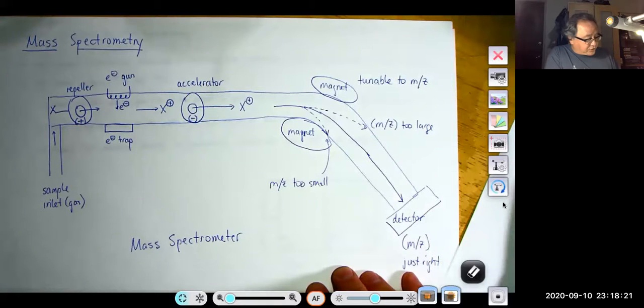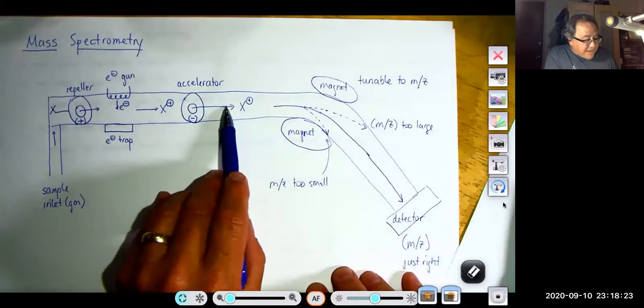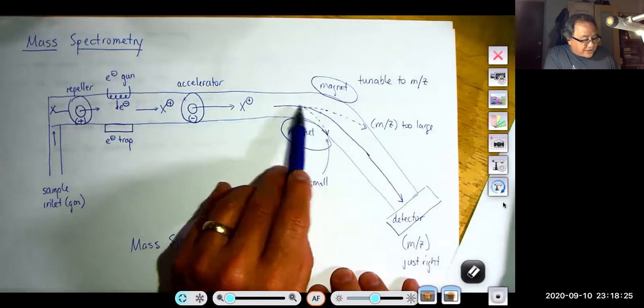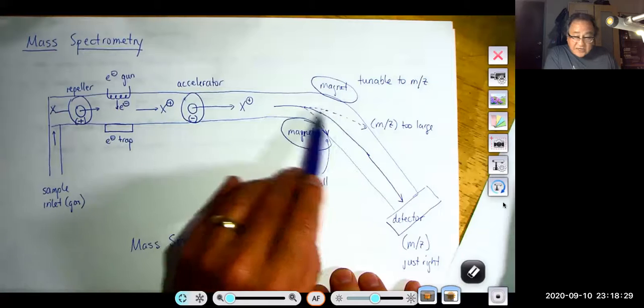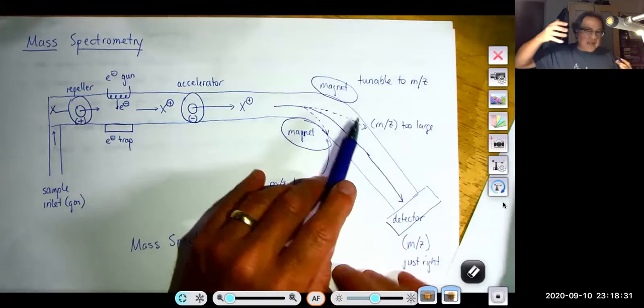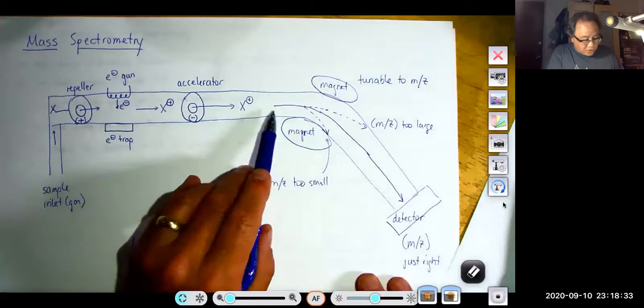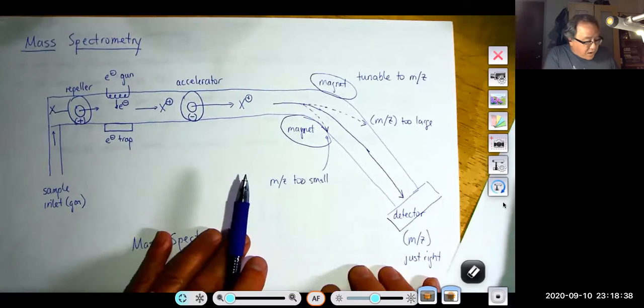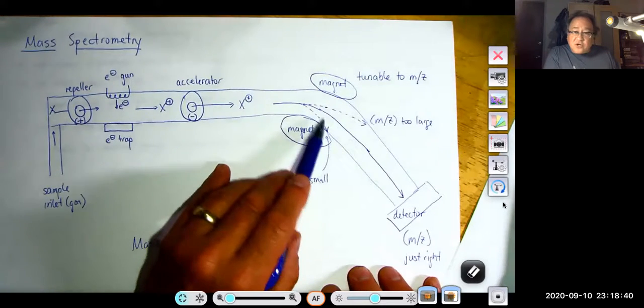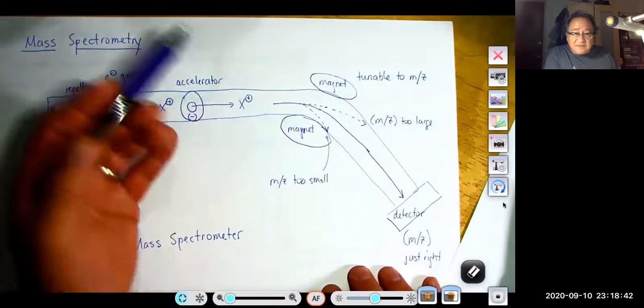Okay, so if it's a very massive particle, it's going to want to go straight with its momentum and not be changed very much. So you got to turn that magnet up a lot to turn a huge particle a lot. A small particle, the magnet can turn the flight path very easily.